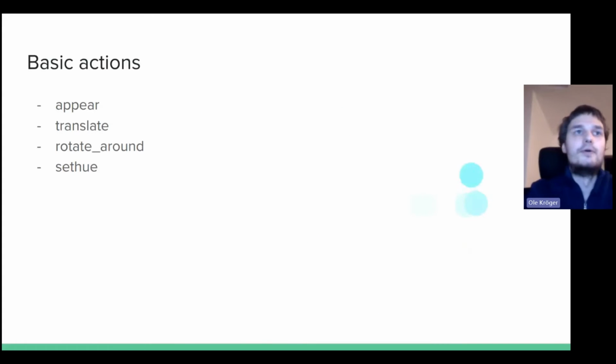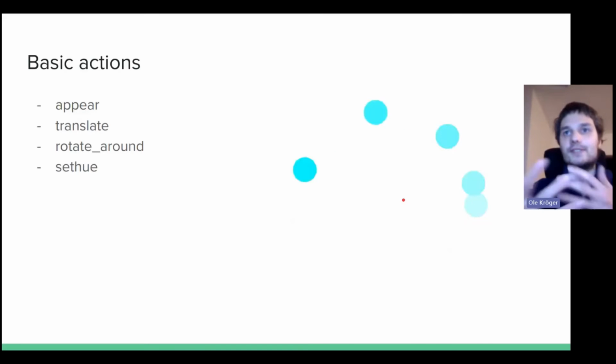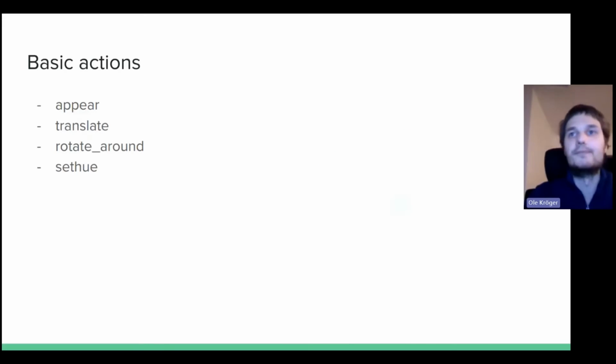And now for the actions. So in this example here on the right hand side, which is kind of like a loading animation, we start with the circles appearing. So this is appear by scaling. You can also appear by just fading in, changing the opacity.